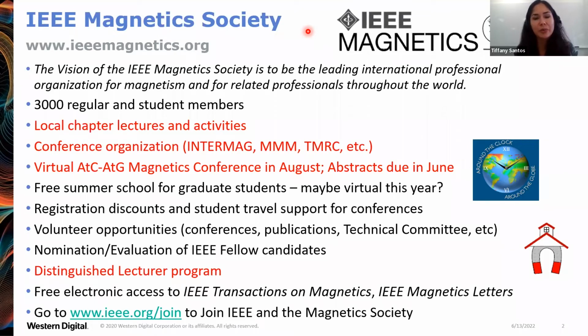Those would be Intermag and the MMM conference, but we also organize smaller workshops as well. And we give financial assistance to students traveling to attend these events. So if you're not already a member, I encourage you to go to the website of the IEEE Magnetic Society and have a look at what the society has to offer and consider joining to be part of this great community.